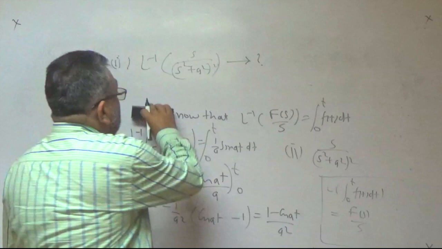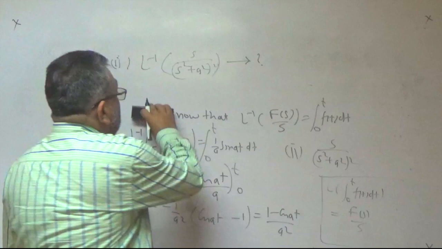Find this by using the convolution theorem. Again, here we have s square plus a square, s square plus b square. So we can separate them as s upon (s square plus a square) into s upon (s square plus b square).